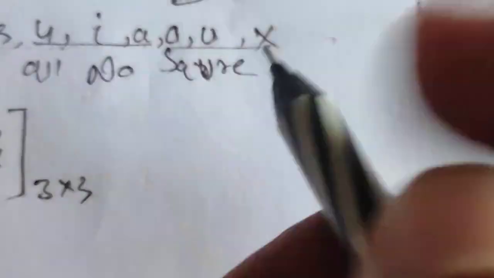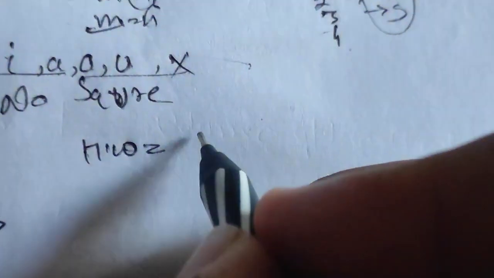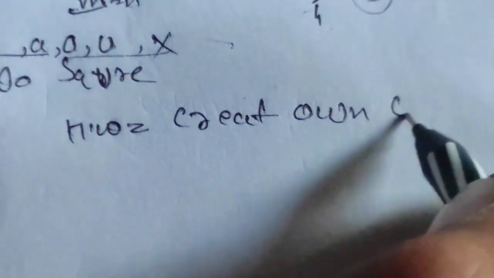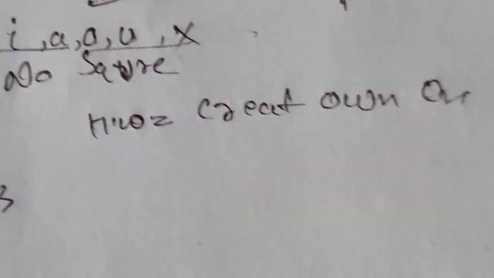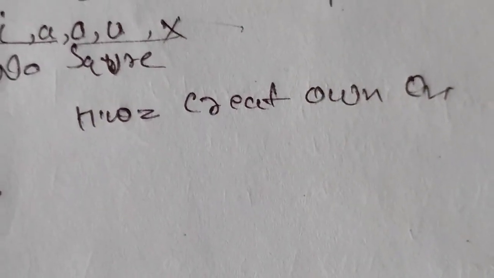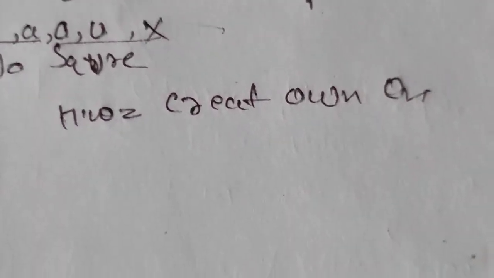I give you some homework. This is the homework: create your own question. Whatever the level of question, I am not asking you for a particular level, make your own question, think on your own, and answer that question.